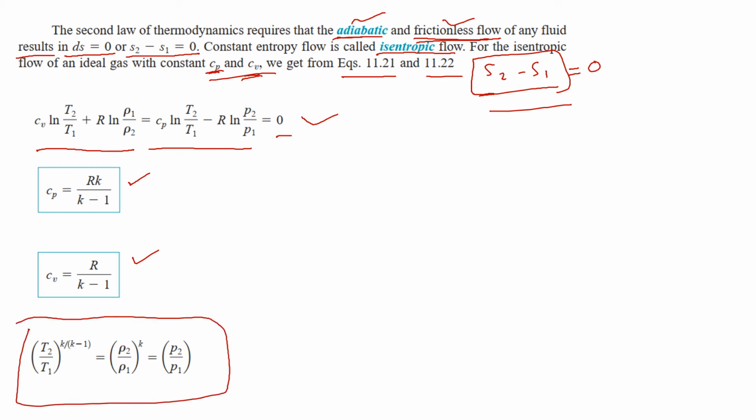can be derived if we combine these three equations. If we combine these three equations, we can actually get this equation where the temperature ratio T2 over T1, density ratio rho 2 over rho 1, and P2 over P1 are given, and we can again rearrange this equation in this form, that P over rho to the power k is a constant.